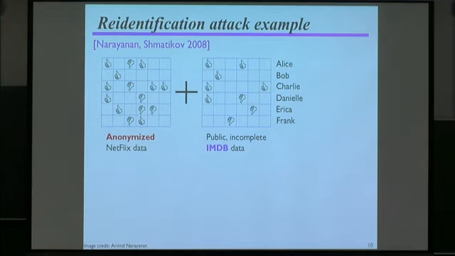Two researchers who were both at the University of Texas at the time correlated this anonymized data with some public and much less complete data from the website IMDb, which is a website where people go and enter reviews about movies and discuss movies. The point is that on IMDb, there's less information, but it's associated to people's actual names. There's actual information about the users publicly available there.